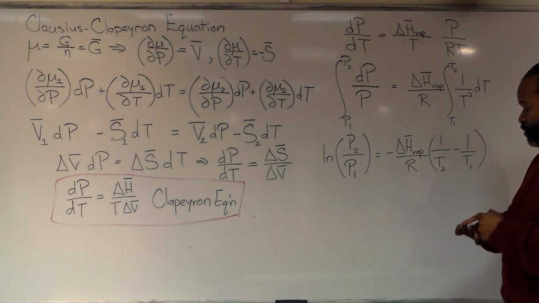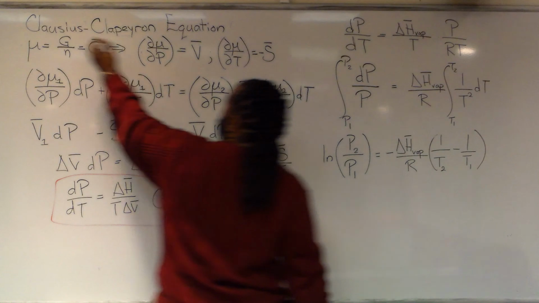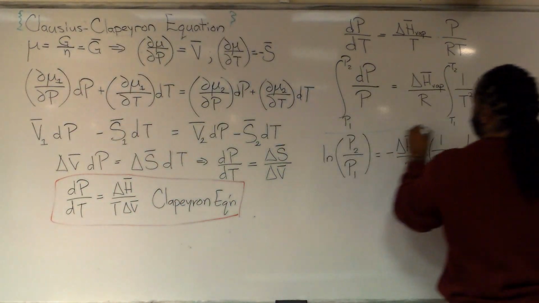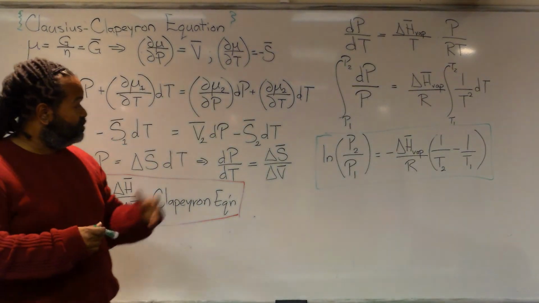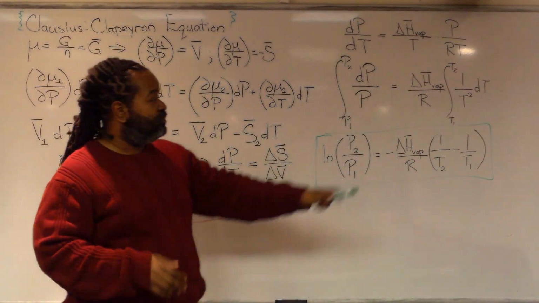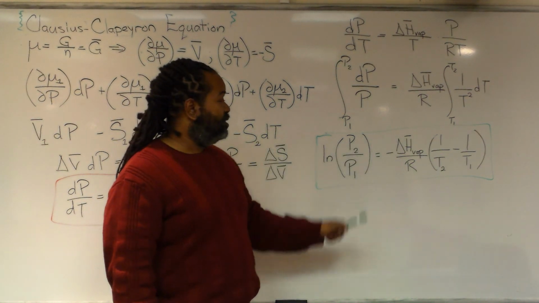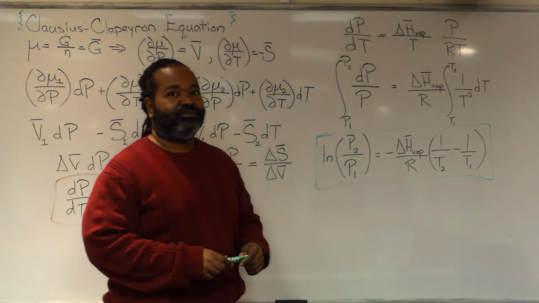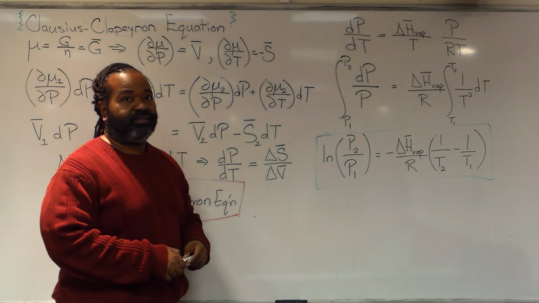And so as a result, what we find is that we now have the Clausius-Clapeyron equation right here. And what this lets us do is recognize that it is possible to determine something that's a fundamental physical property of a substance based on carefully designed measurements of pressures and temperatures. And it's all due to making a few clever observations about the chemical potential.